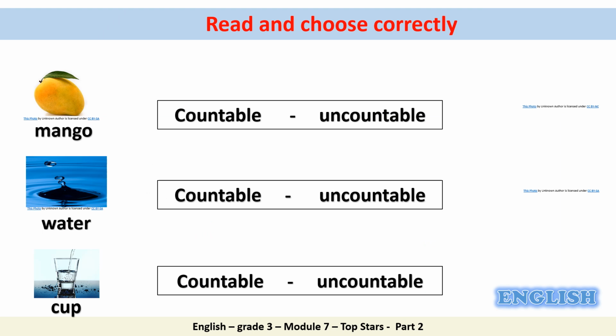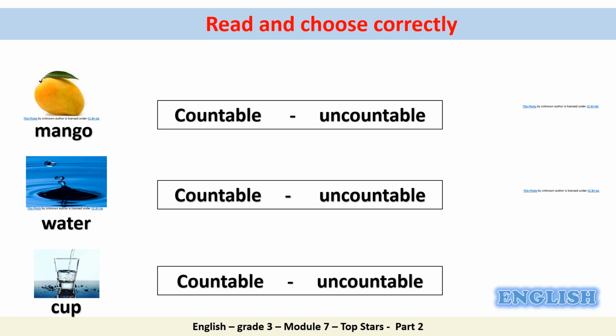To make sure that you can differentiate between countable and uncountable nouns, do this activity. Read and choose. Pause the video, take your time, and do the activity. Number 1. Mango.